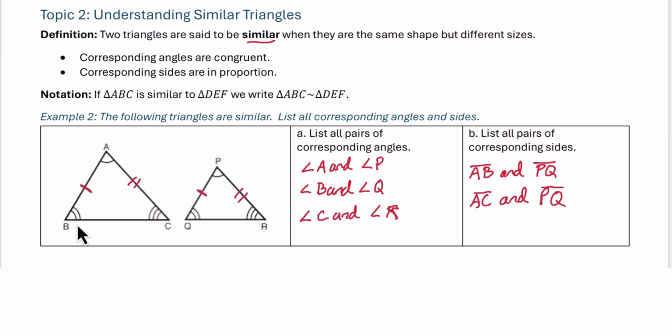And then between the double arc and the triple arc, let's mark those, double and triple. That is side BC and side QR. Those are corresponding sides.